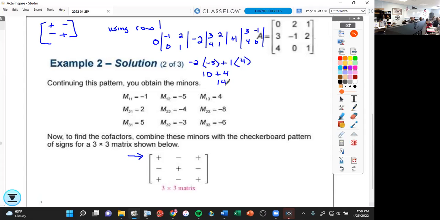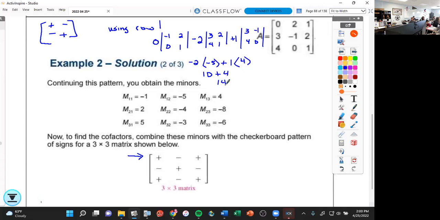Now let's talk about cofactors. In order to get cofactors, you first have to determine the minors. We've got the minors, and we found the minors by finding 9 different determinants. To convert minors to cofactors, we're going to use these signs.